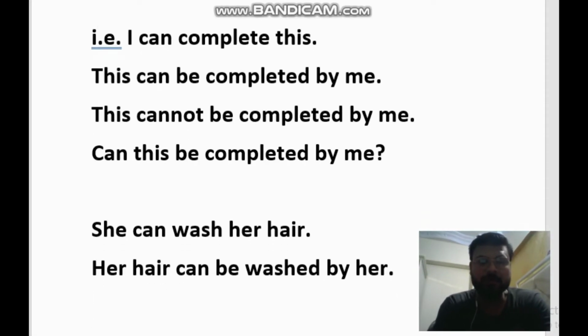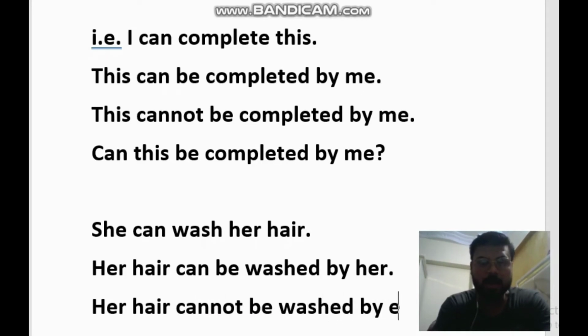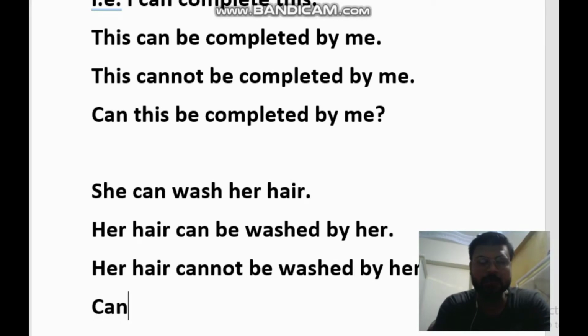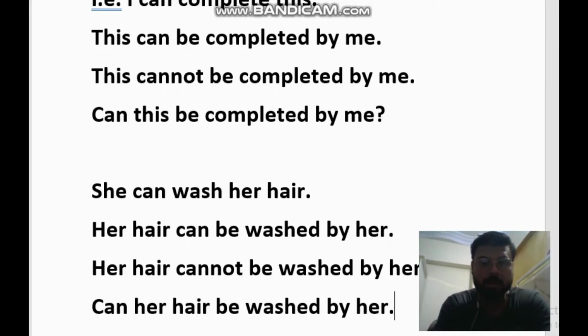Okay, and for the negative, the same thing will be followed, right? Her hair cannot be washed by her. And interrogative: can her hair be washed by her? Right? So that's it about the modal verb can, and how to form a passive voice using can.